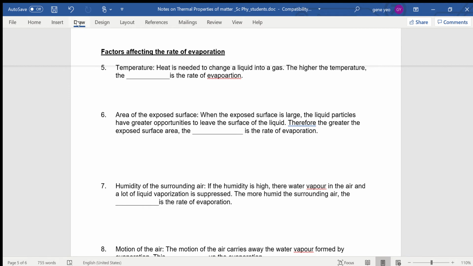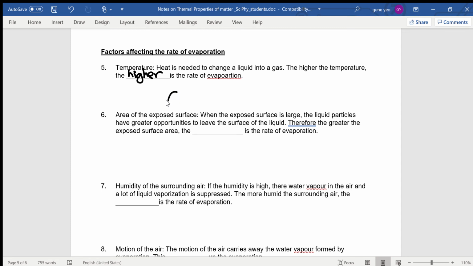One definite important factor affecting the rate of evaporation is temperature. Of course, the higher the temperature, the higher the rate of evaporation.